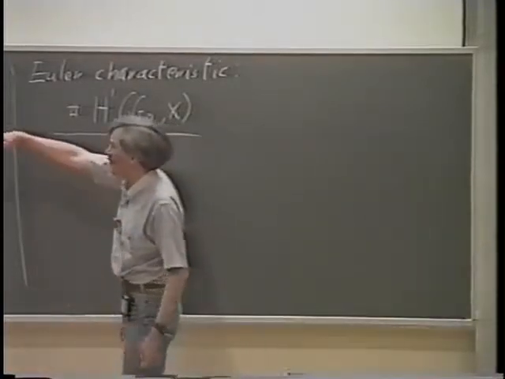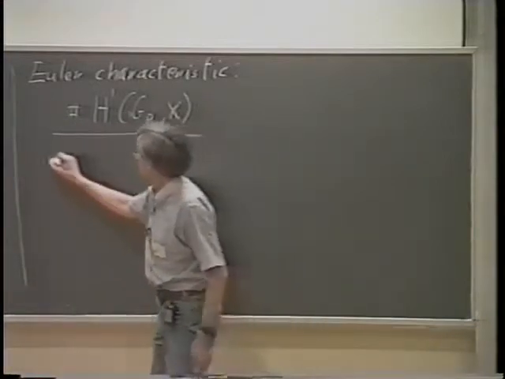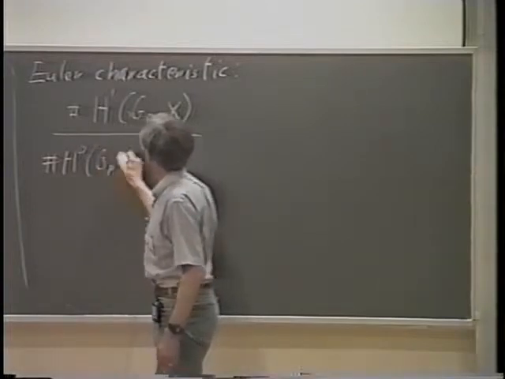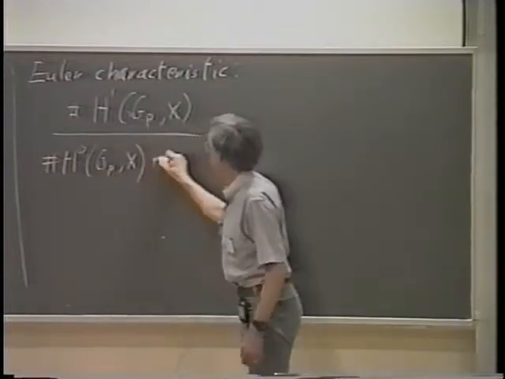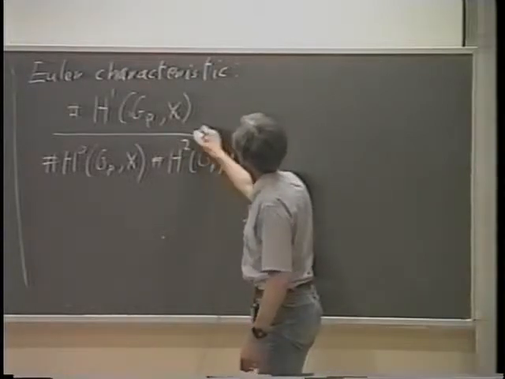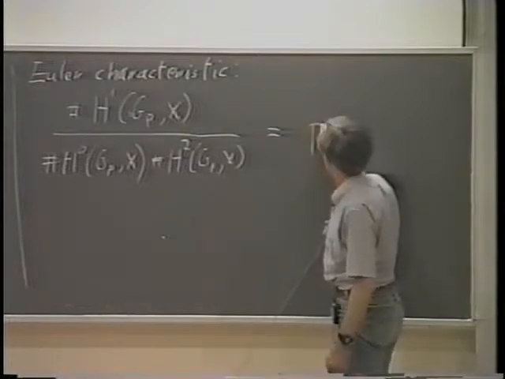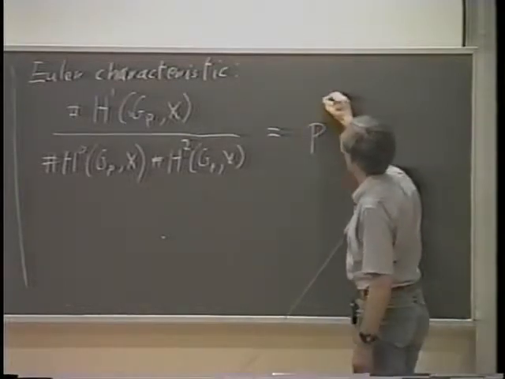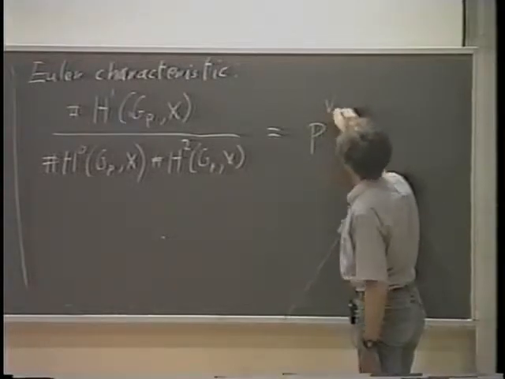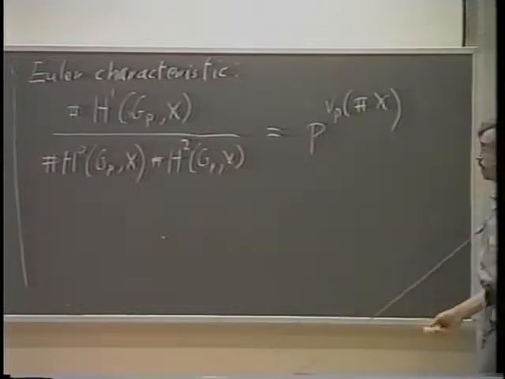Well, P is always finite. There's a slight technicality when P is the Archimedean prime here. Divided by the order of H^0(G_P, X) and the order of H^2(G_P, X). This equals P to the, let's see what I have right, valuation at P of the order of X.